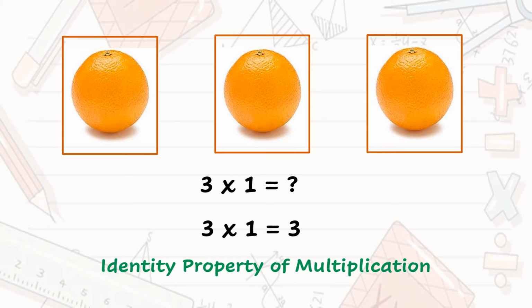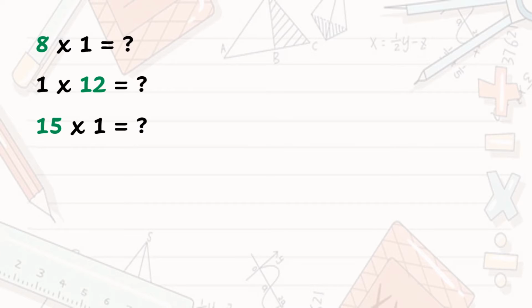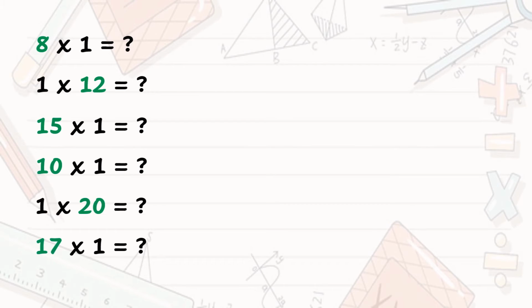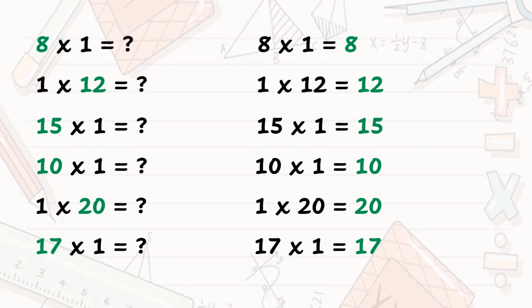It means that any number multiplied by 1 is equal to the same number. So if you can see that one of the factors in a multiplication expression is 1, such as in these examples, the product is the number itself.